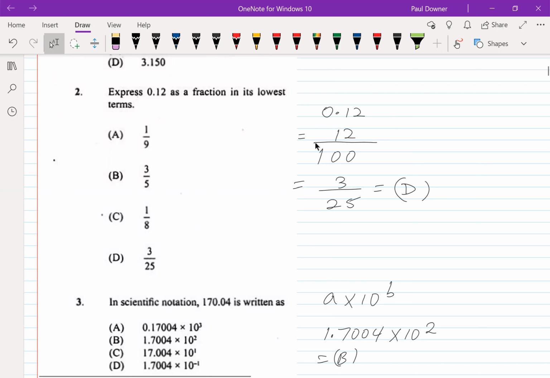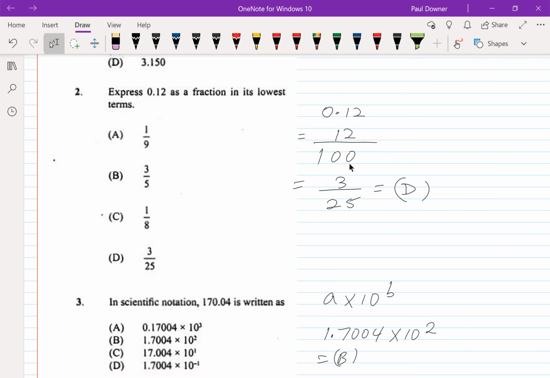We put a line like this, which is known as the vinculum, in the fraction. And you divide this by, firstly, where the point is, you put a 1 for that. And for the number of digits to the right of the point, you place zeros. So there are 2 digits, 1, 2. Therefore, you place 2 zeros here.